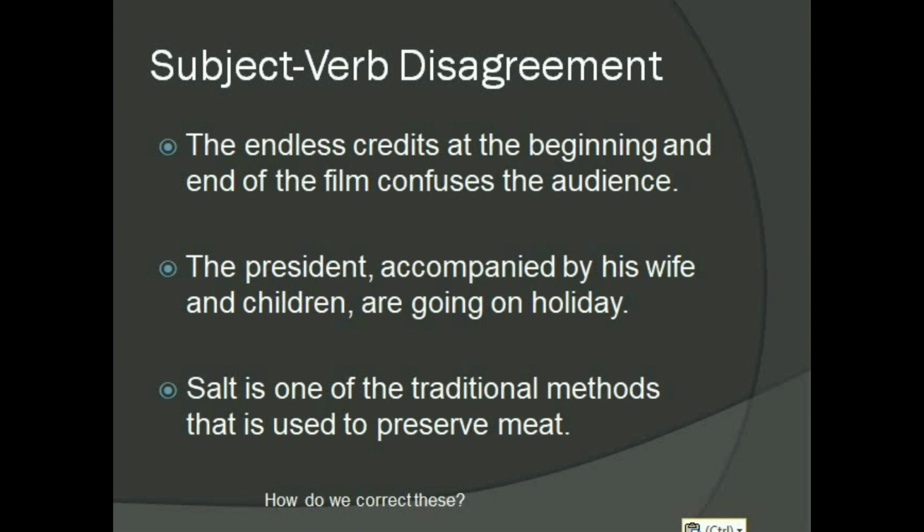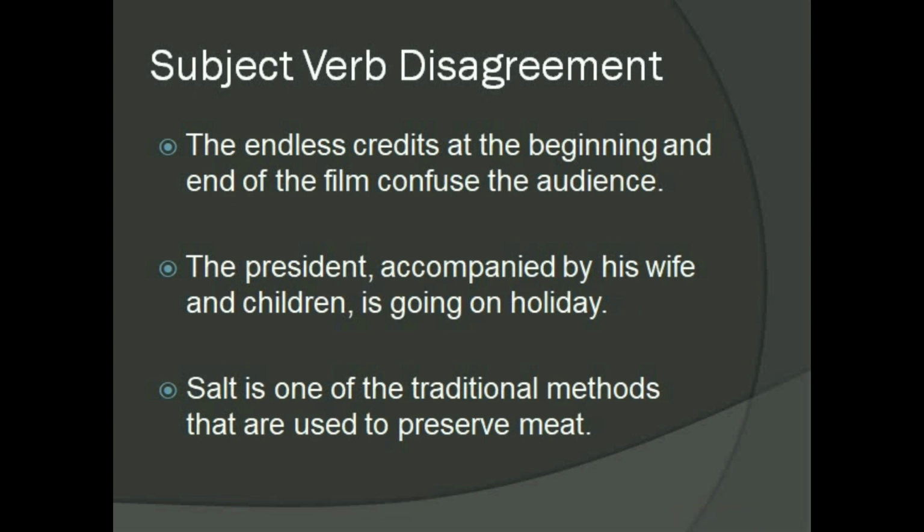Confusingly, in the third example, we can see here "salt", an uncountable noun, matches up with "is used". What's the problem here? Well, actually, we're not referring to salt. We're referring to the traditional methods. We can see the correct answers here.